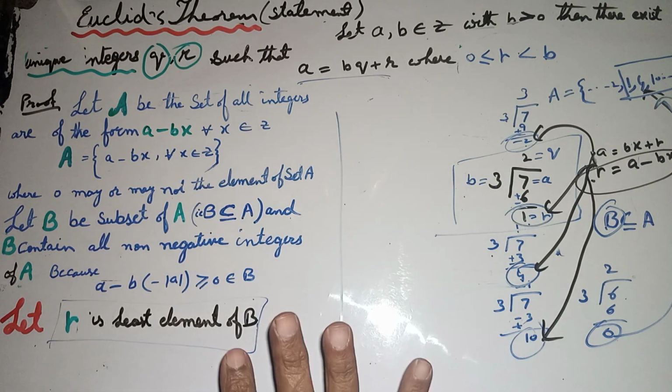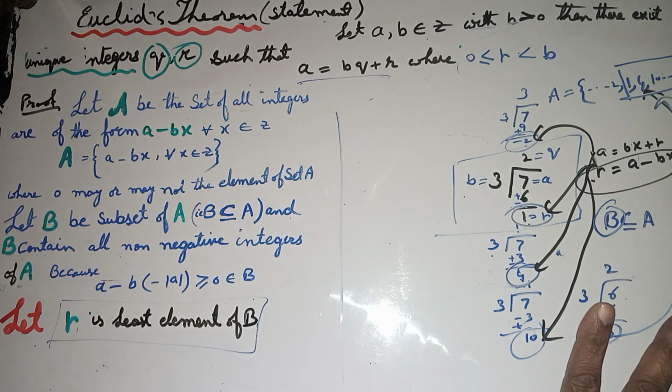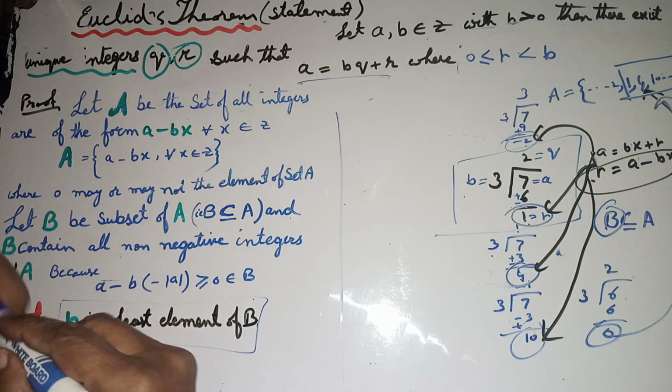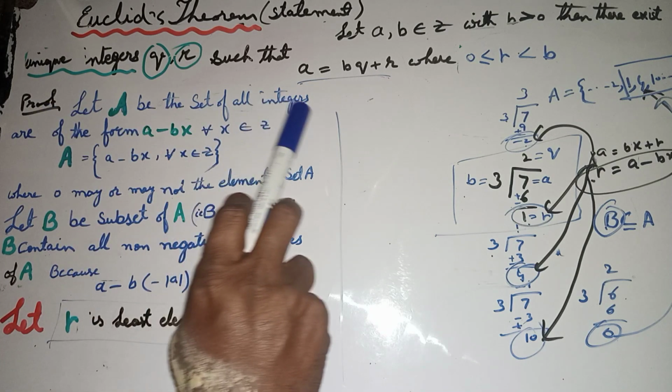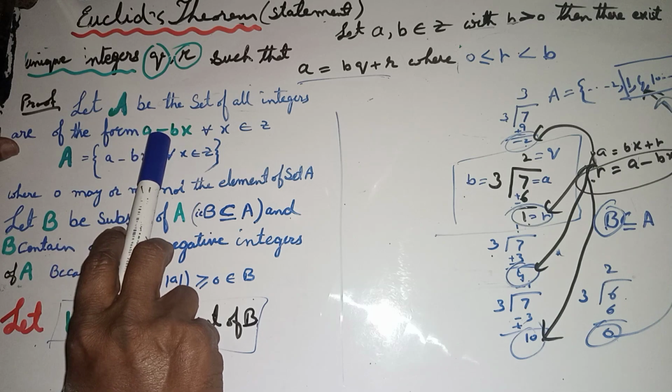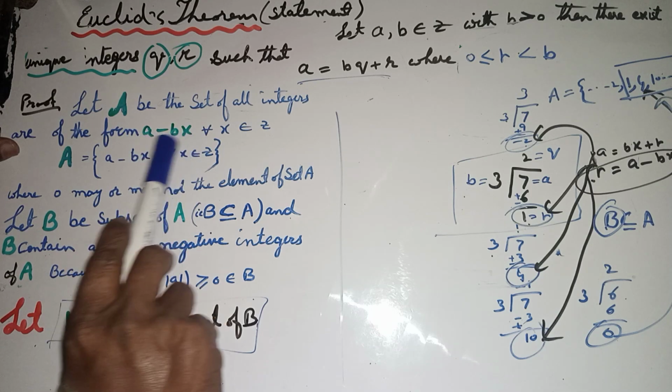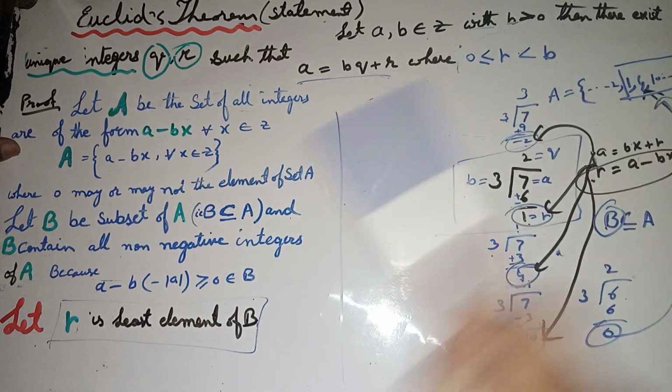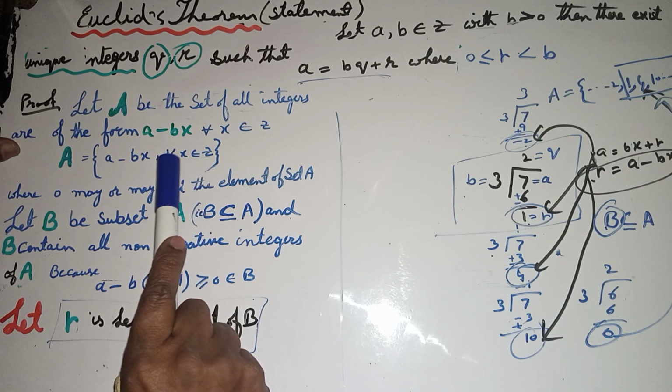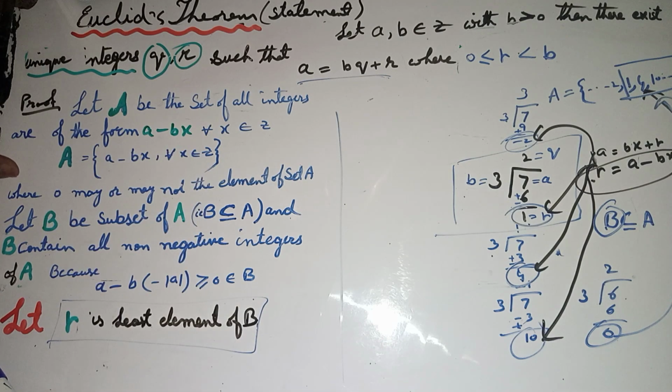Now I think you understand this. Let A be the set of integers of the form A minus BX, meaning the set of all remainders for all X belonging to integers.